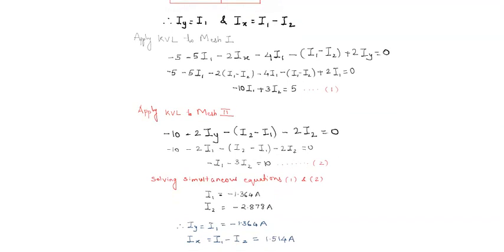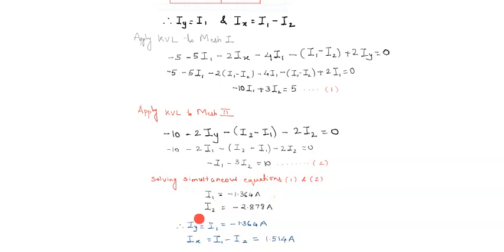So apply simultaneous equations, solve it, simplify it, and the currents that you get in this case are I1 is minus 1.364 and I2 is equal to minus 2.878. If you have time, you can verify it now, or later you can check your answers.